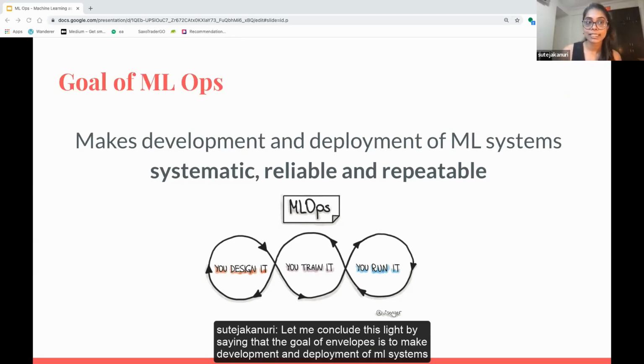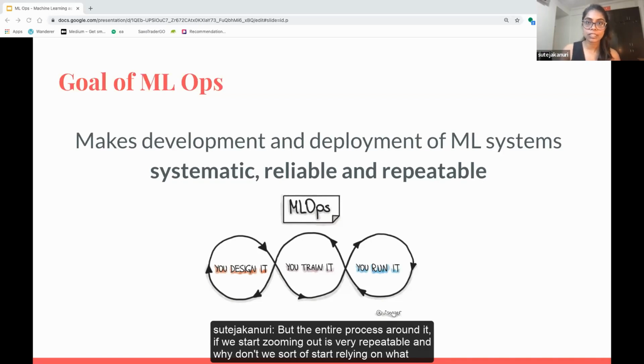Let me conclude this slide by saying that the goal of MLOps is to make development and deployment of ML systems systematic, reliable, and repeatable. As we go ahead, we will realize that the machine learning process is extremely repeatable, apart from the model itself, the algorithm itself.